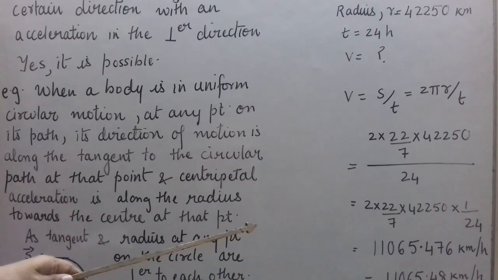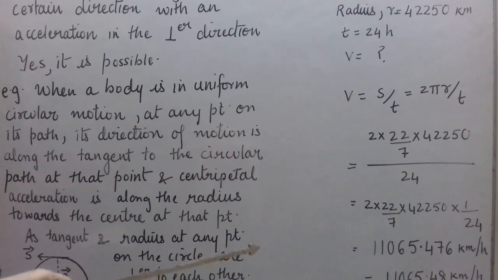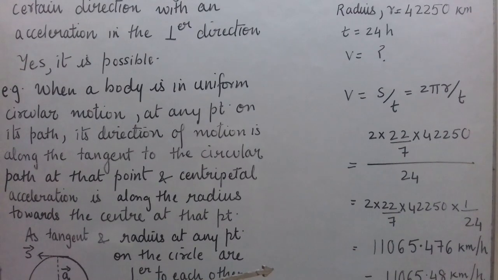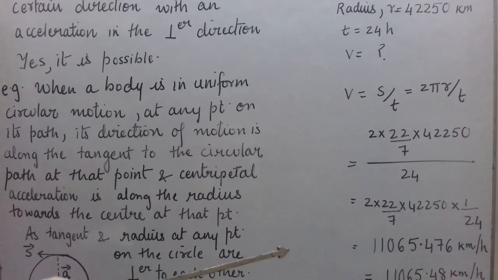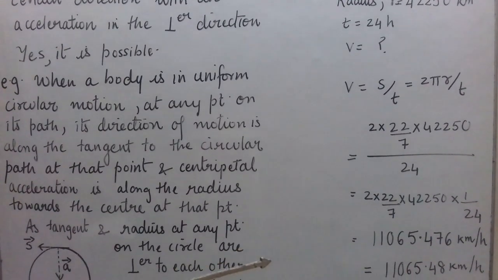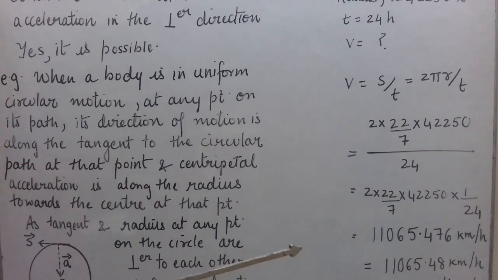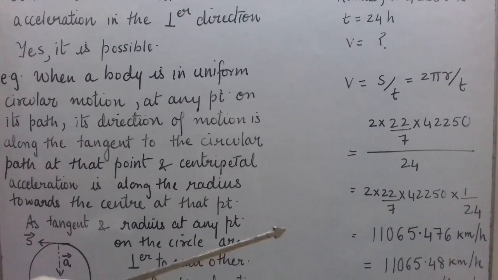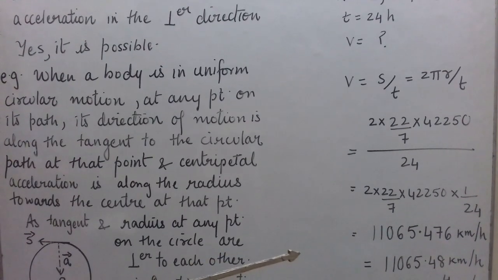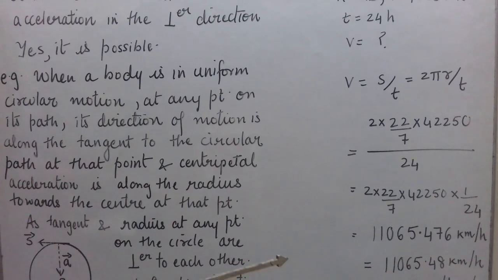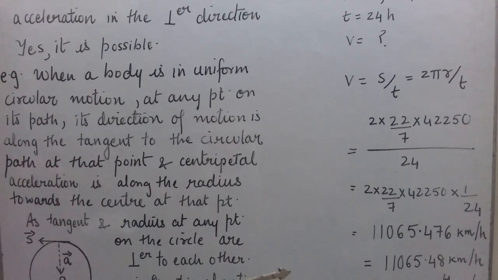And when we simplify it, we get the answer 11,065.476 kilometer per hour. We can round it off to 2 decimal places as shown here, because last digit 6 is more than 5. So I can increase the second last 7 by 1. So it will become, instead of 0.47, I'll write 0.48.